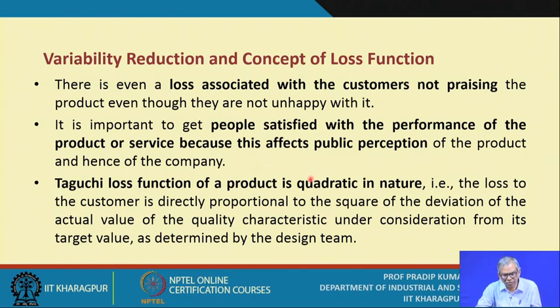Taguchi loss function of a product is quadratic in nature. I have already mentioned that. That means the loss to the customer is directly proportional to the square of the deviation of the actual value of the quality characteristic under consideration from its target value. Now this is to be looked into. The target value is as determined by the design team.